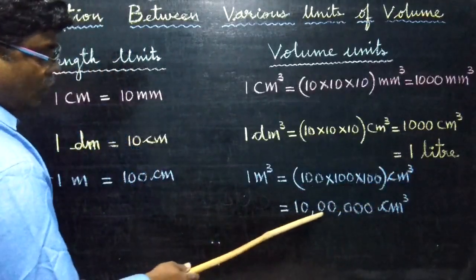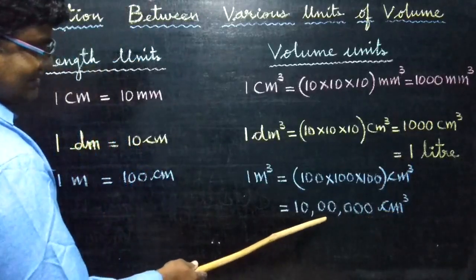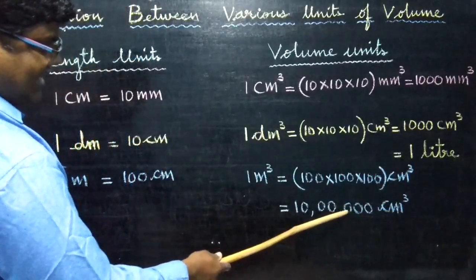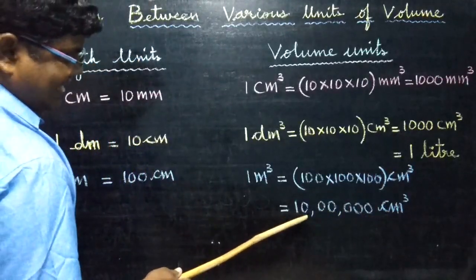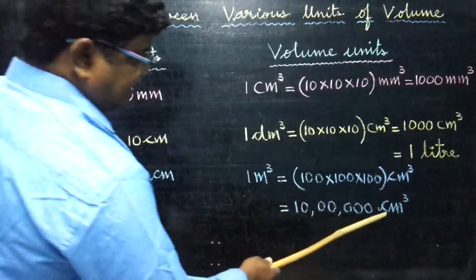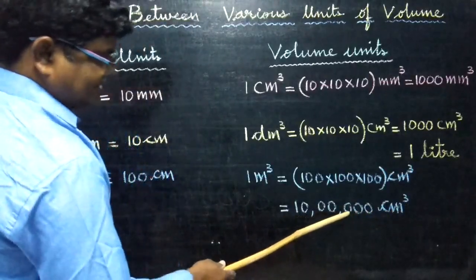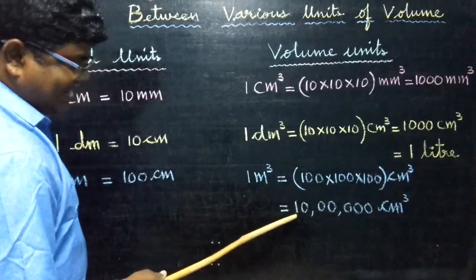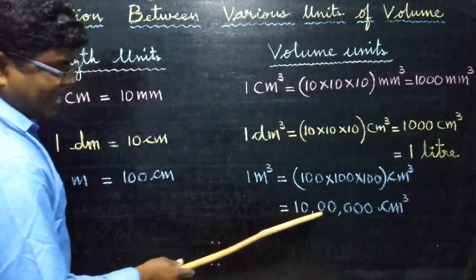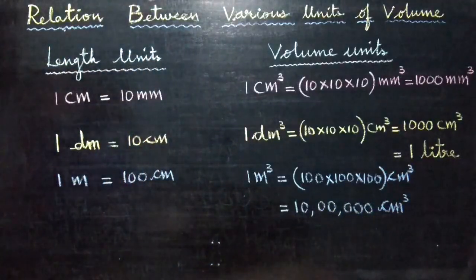So 10 lakh centimeter cube. Ones, tens, hundreds, thousand, 10,000, lakhs, 10 lakhs. So 10 lakh centimeter cube. Keep that in mind.